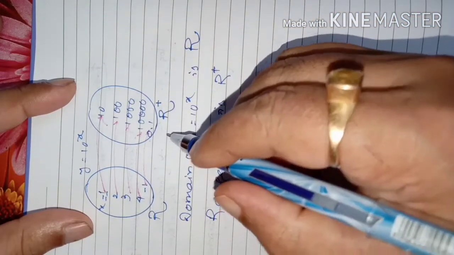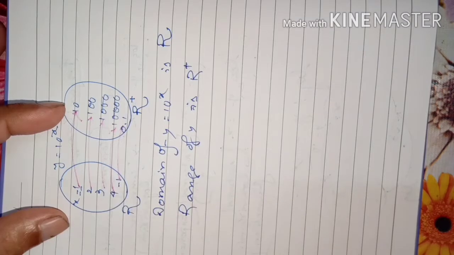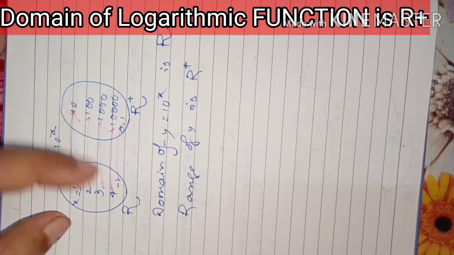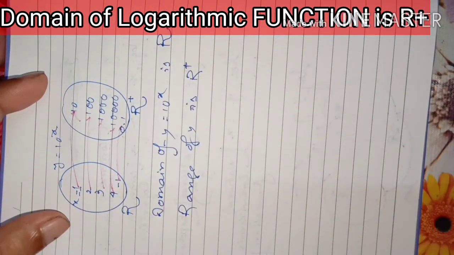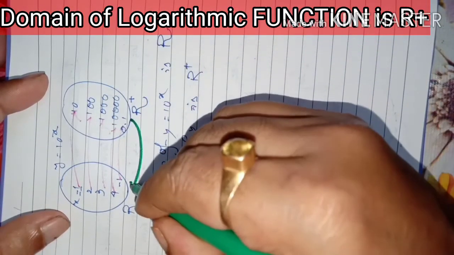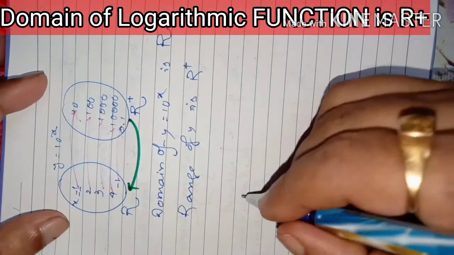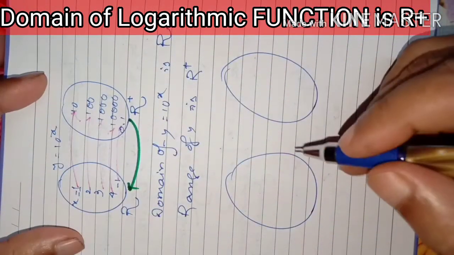Now if we define another function from these numbers to these numbers, for the positive real numbers, that function will be just the inverse of this. We call it the inverse function, from the positive real numbers to the real numbers.